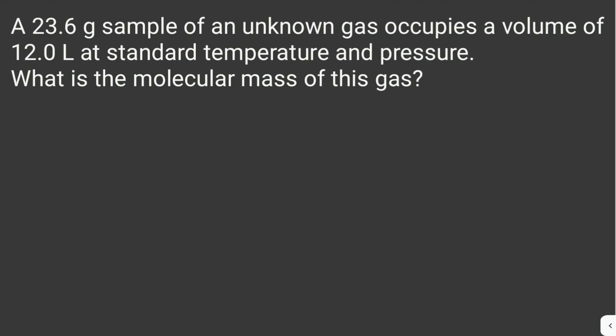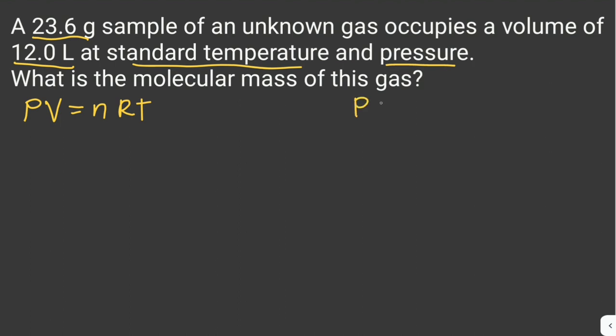A 23-gram sample of an unknown gas occupies a volume of 12 liters at standard temperature and pressure. What is the molecular mass of this gas? Again, we will use the ideal gas law formula, PV equals nRT. We're given here the mass of the gas sample, the volume, and it says standard temperature and pressure.